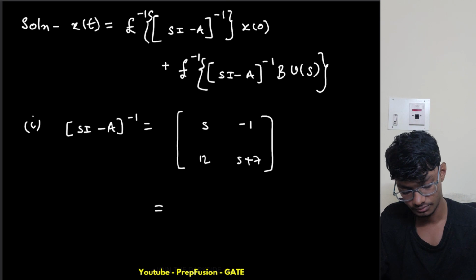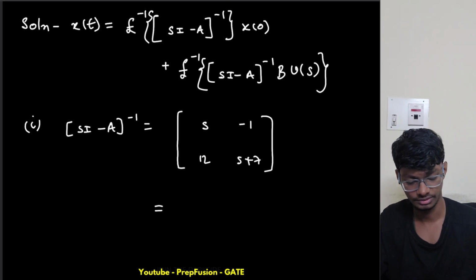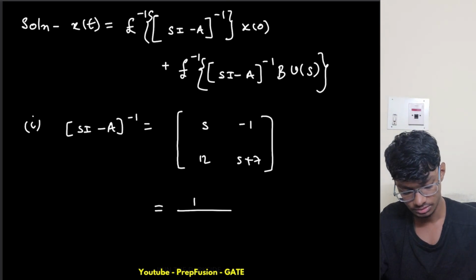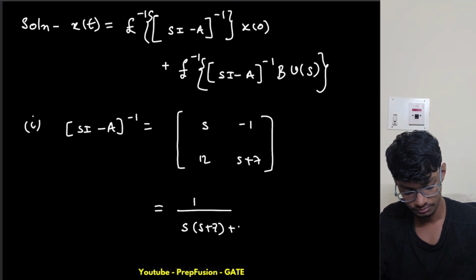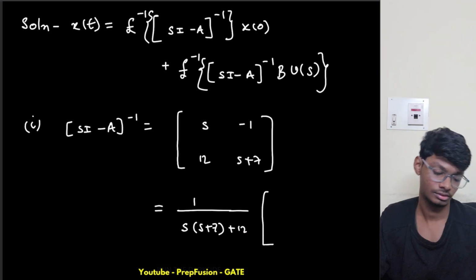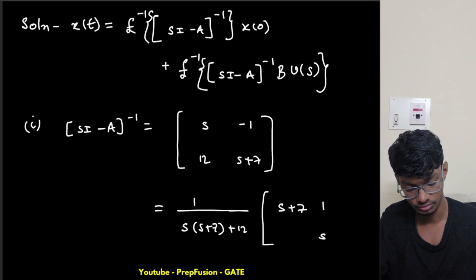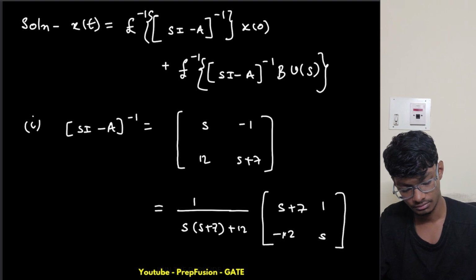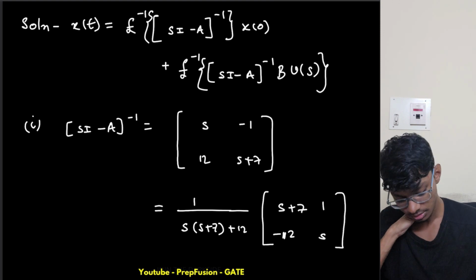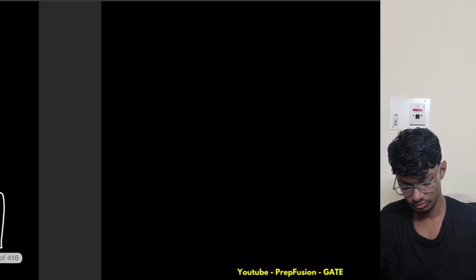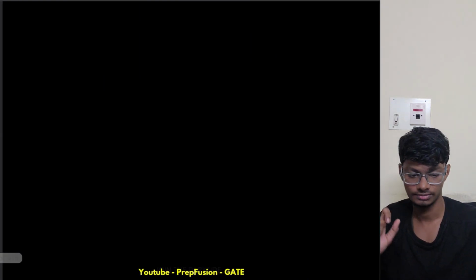So now I have simply found the (sI minus A) inverse. This is 1 by s into s plus 7 plus 12. This is getting swapped, s, and this is 1 and minus 12. These are my values. I can break this down also: this is s plus 3 into s plus 4.